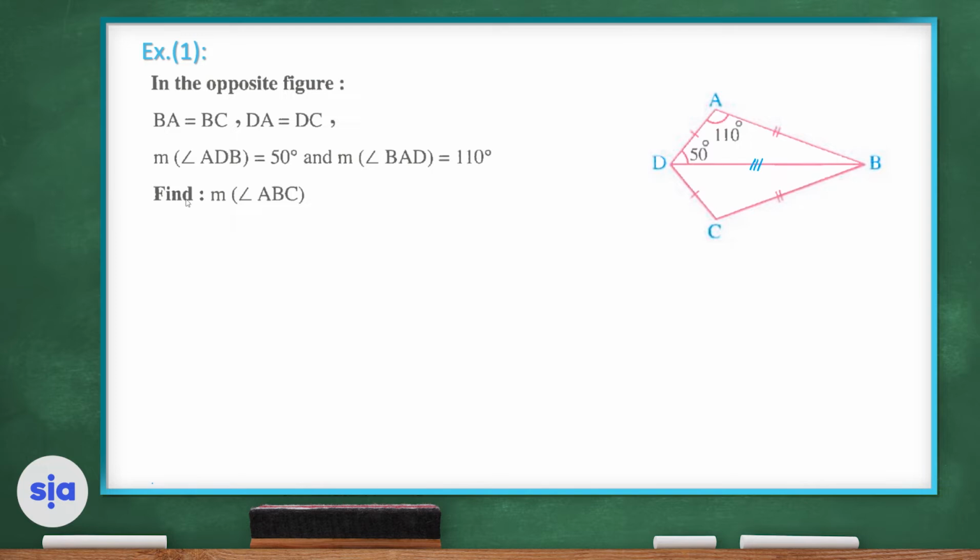So, for the two triangles that we have, triangle ABD and triangle CBD, we see given AB is equal to BC and DA is equal to DC, and also as we said DB is a common side.